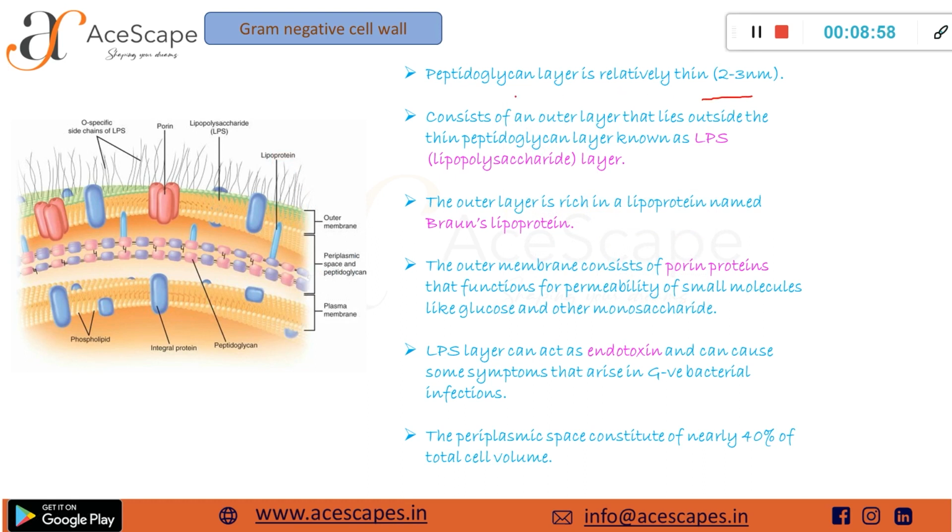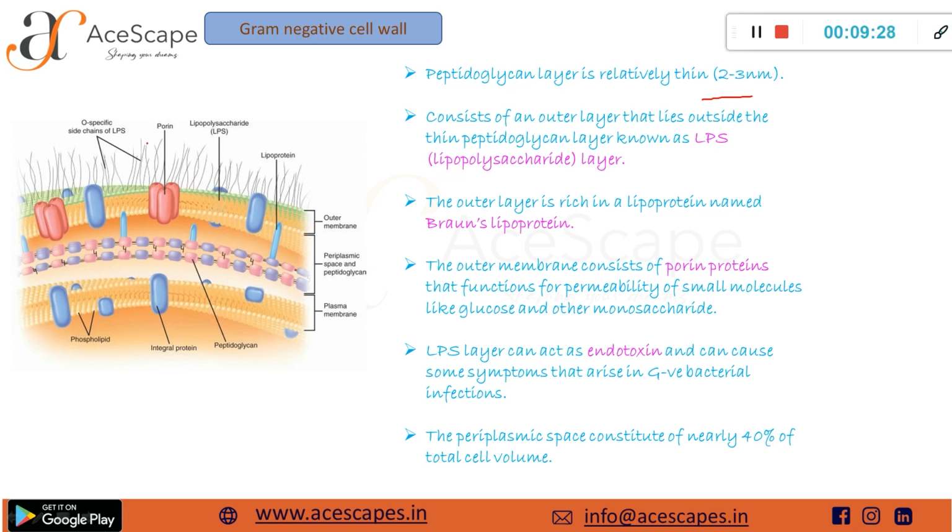If we compare the peptidoglycan layers, we can easily see that the gram-positive cell wall has a very thick layer, 20 to 80 nanometers, and comparatively the gram-negative cell wall has only 2 to 3 nanometers. This is the reason that while staining, the purple stain, the crystal violet or primary stain, is not retained in the gram-negative cell wall.